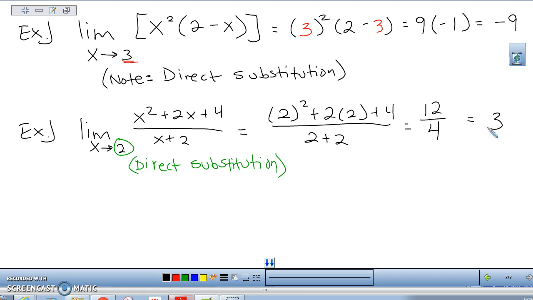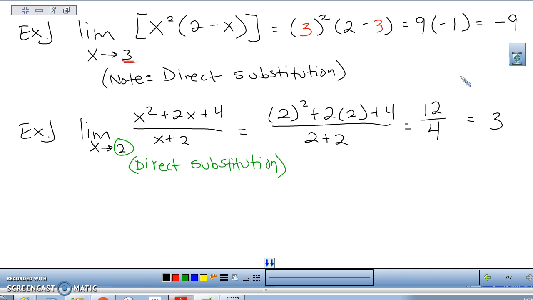So what we're doing here is, I'm not going to take up the time to graph this and try to see what the limit is by looking at the graph. I'm just directly substituting using the properties.